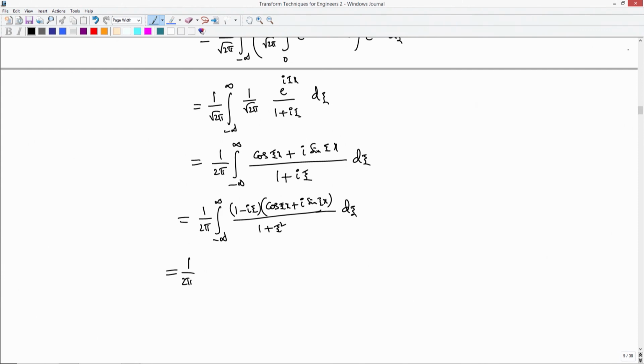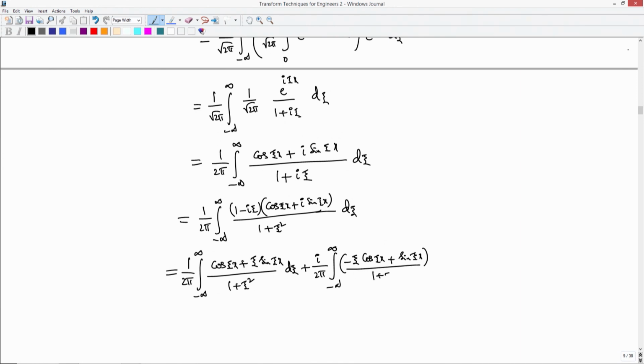If you look at it, the real part is cos xi x plus xi sin xi x divided by 1 plus xi square d xi, plus i by 2 pi integral from minus infinity to infinity. The imaginary part has minus xi cos xi x plus sin xi x divided by 1 plus xi square into d xi.